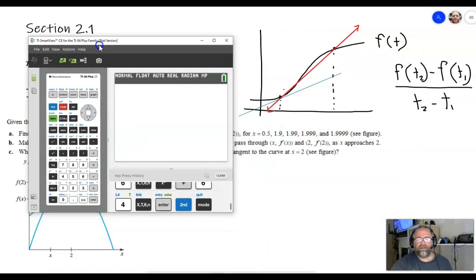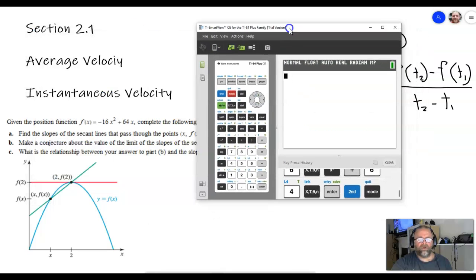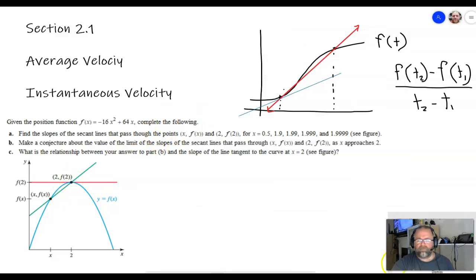All right, so now for x equals 0.5, remember what we're going to be doing. We're going to be doing f of 2 minus f of x, to find the difference in our y values, and that's going to be over 2 minus x, the difference in the x values.